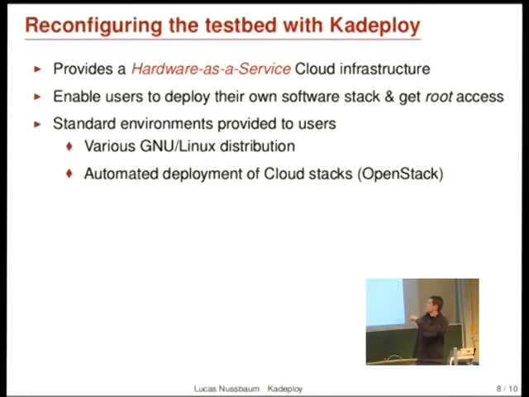We provide standard environments based on various Linux distributions, and tools to automate the deployment of cloud stacks. For example, it's easy to install your own OpenStack instance inside Grid'5000.